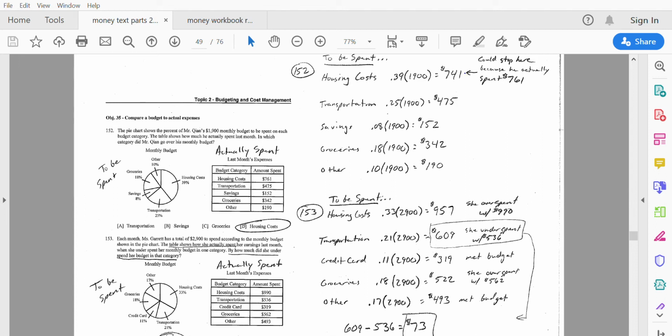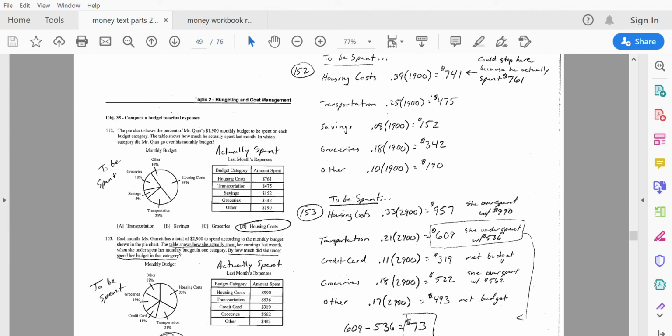He's budgeted to spend 741, but he actually spent 761. That means this is the category that he went over his monthly budget. His budget was 741, he spent 761. So if we're confident we did that one correctly, we wouldn't have to keep doing the rest. I did the rest just to show you how to do it, just in case in a different problem it wasn't the first one you tried.